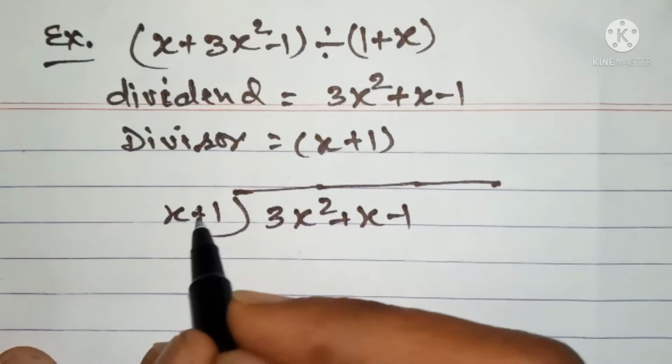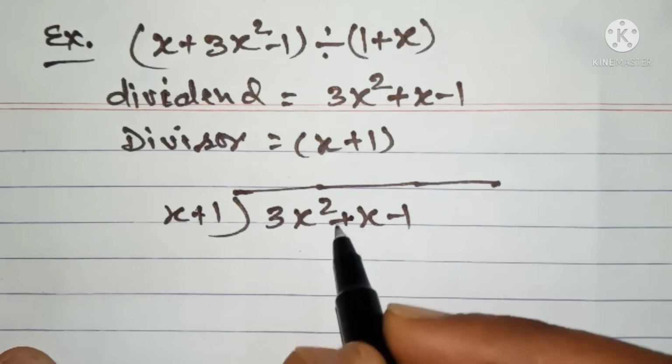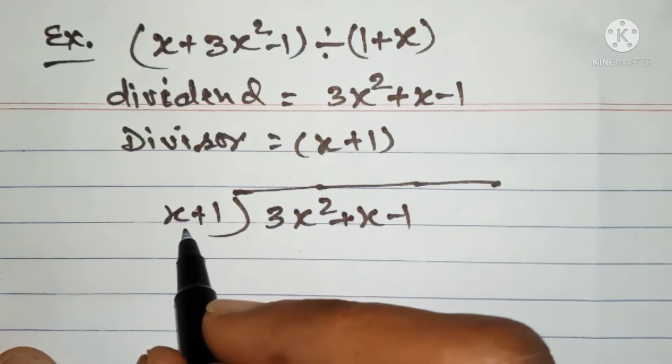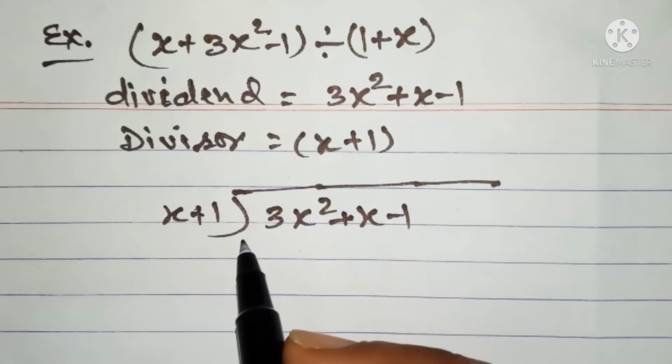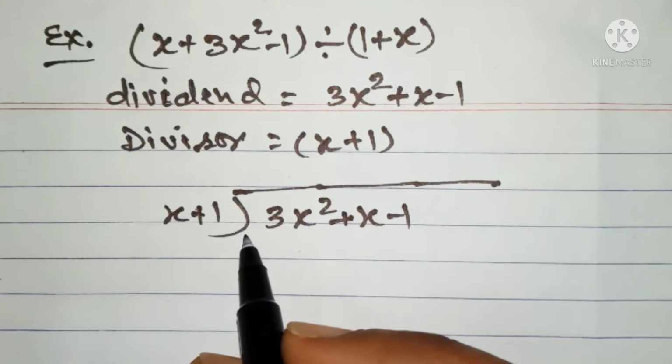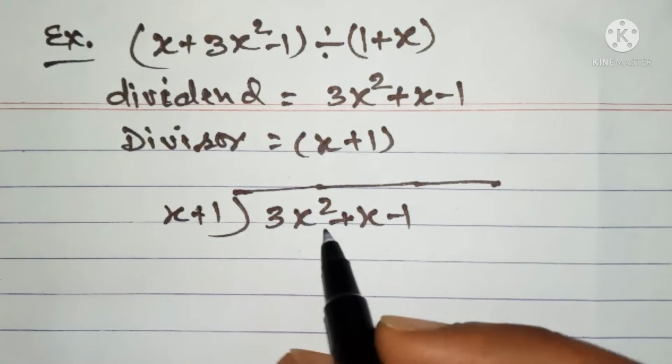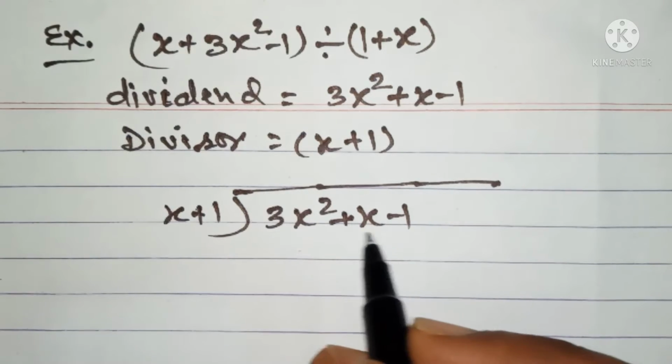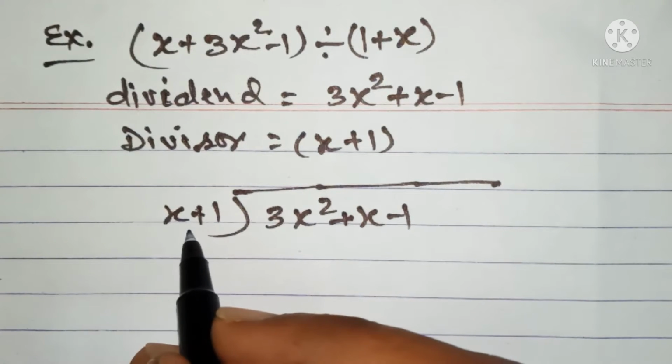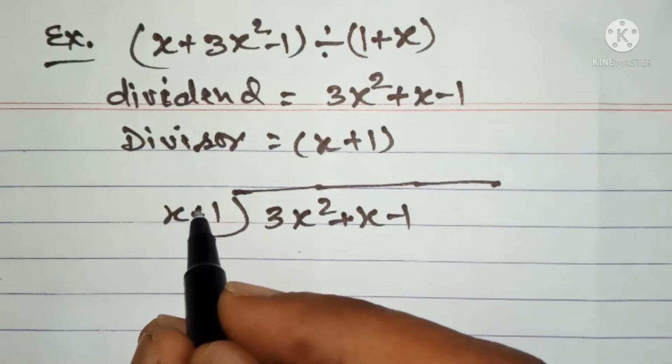We can proceed as 3x square plus x minus 1 divided by x plus 1. Here we are going to divide a polynomial of degree 2 by a polynomial of degree 1.